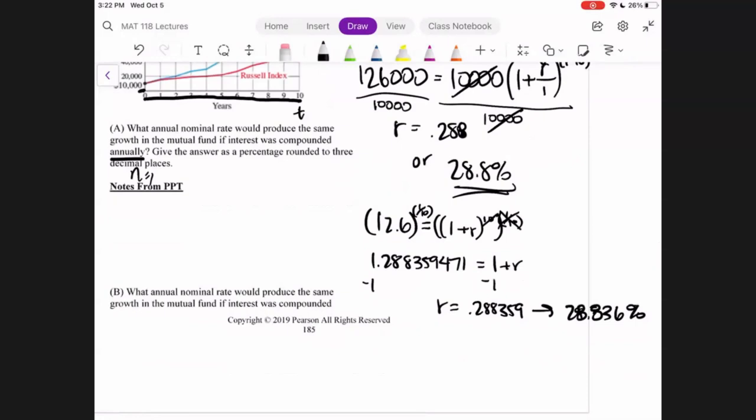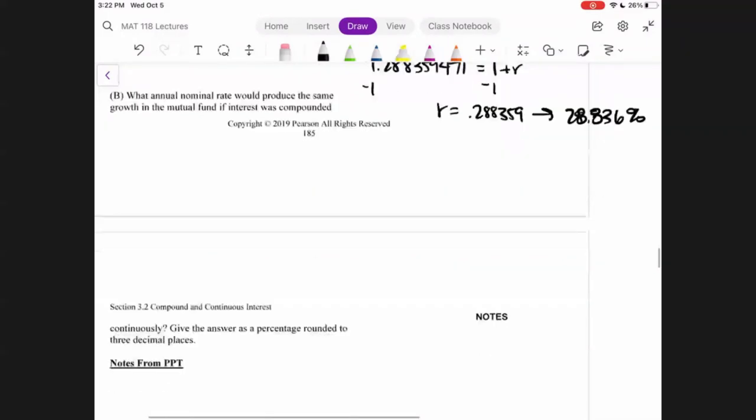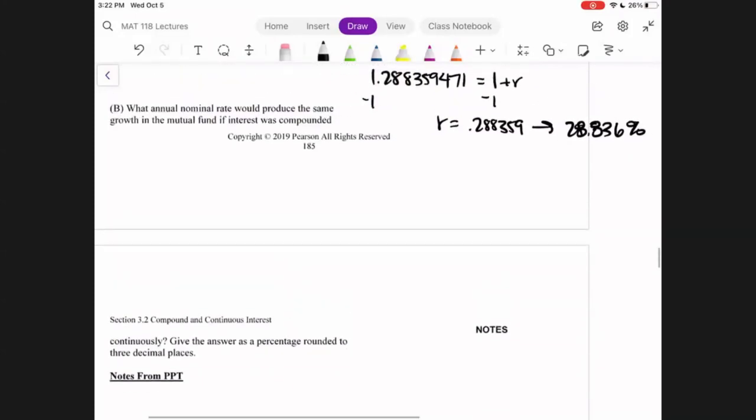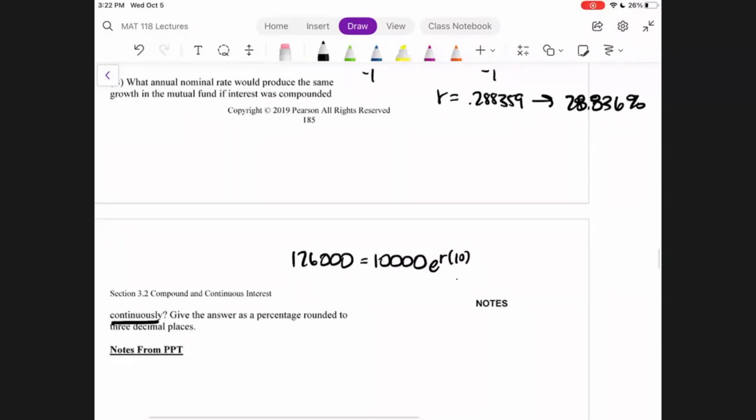Okay. And this wants you to do a similar thing. Okay, compounded continuously, which is easier. So if we had the same setup, we have e, we don't know our r, but we know our t is 10, right? So first thing is, divide by my 10,000 like we did earlier.